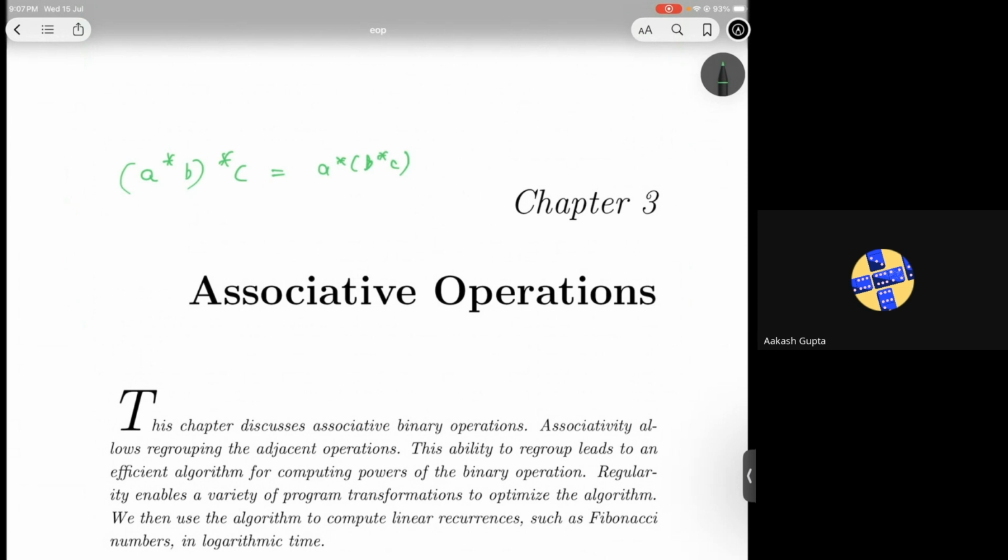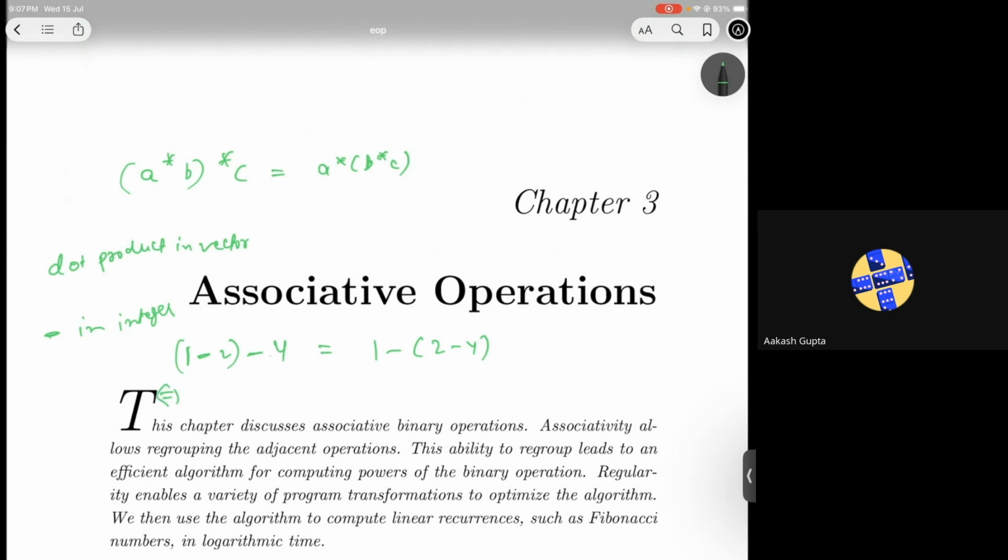One counterexample to this is minus in integers. A very simple example. Let's say our operation is minus, and these two things are different, as we know, right?